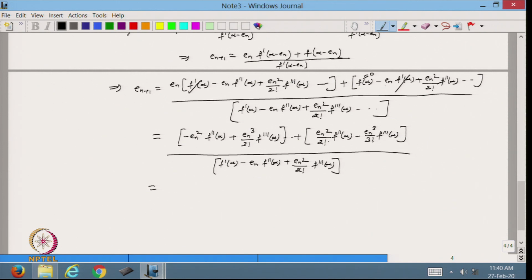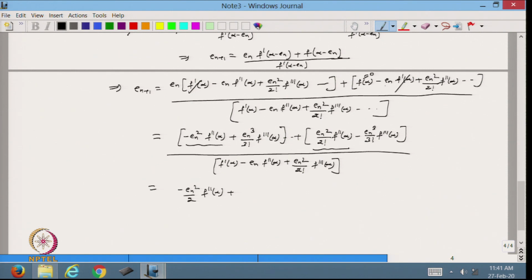So, from here I can write minus En square by 2, because this and this, so it is minus 1 plus half, so minus half, so it will get f dash alpha, this term will get plus, I can calculate from here.